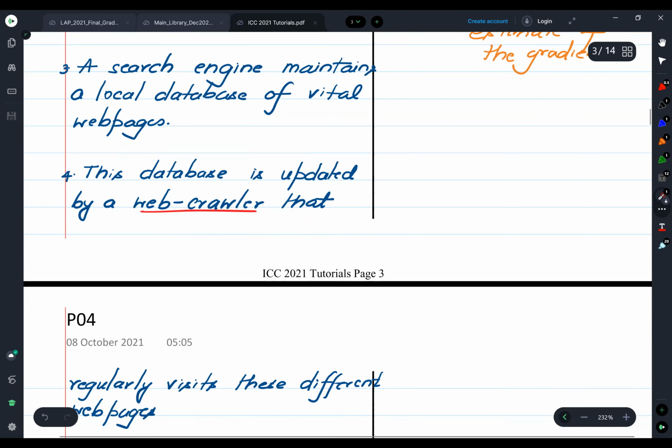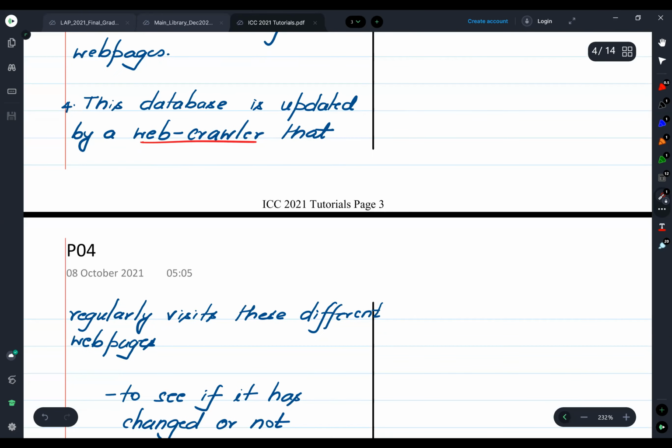So a web crawler is basically a software whose job is to keep regularly updating this local database that the search engine uses. So what does the web crawler do? Well, the web crawler has several tasks. We will focus on two of its important tasks. I would like to emphasize that these are not the only tasks of the web crawler. There are several tasks, but the two important tasks of the web crawler are as follows.